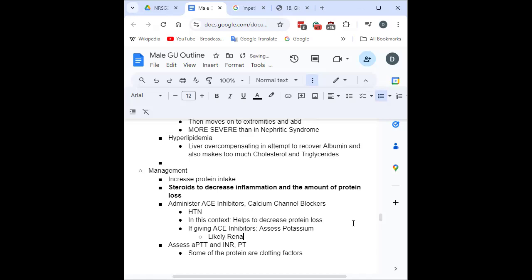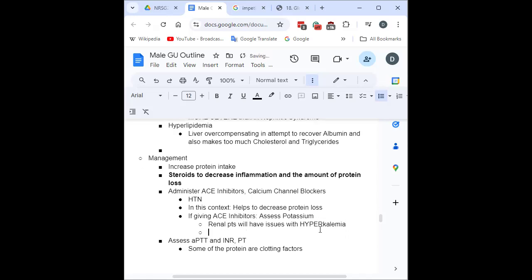Like the renal patients will have issues. Okay. Remember your ACE inhibitors will increase your potassium.